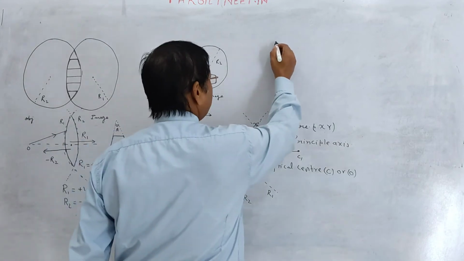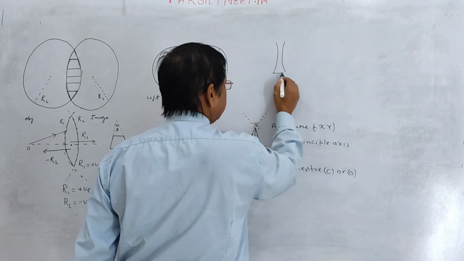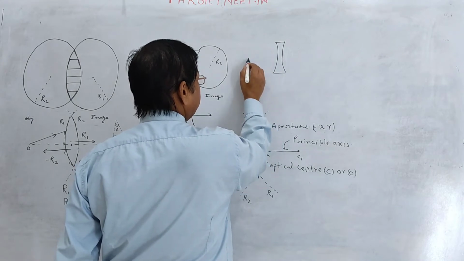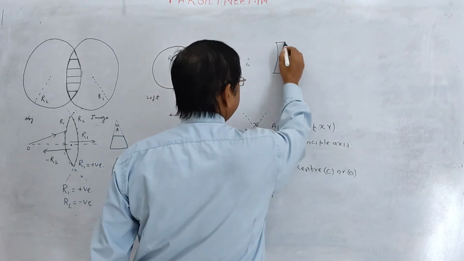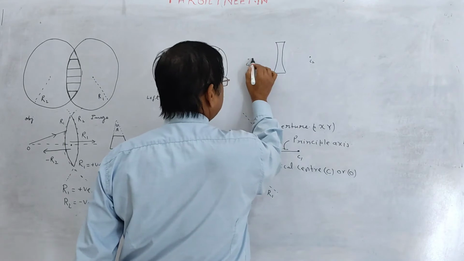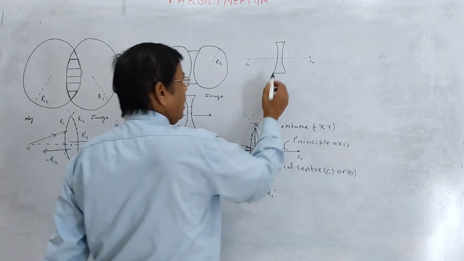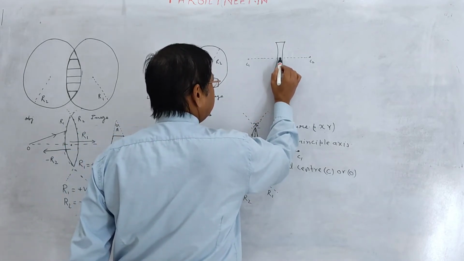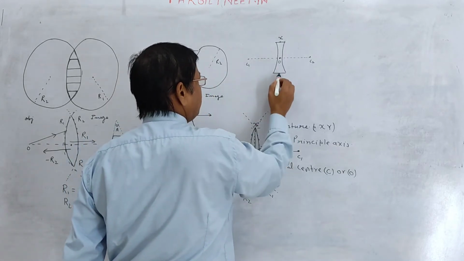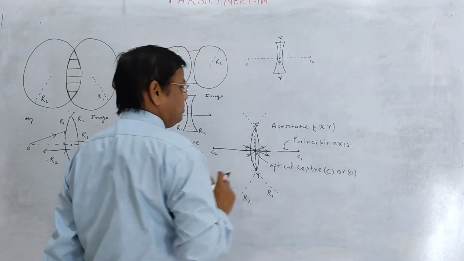Same is for a concave lens. Suppose this is a concave lens. This is the first surface, so the center of the first surface will be somewhere here. This is the second refracting surface, and its center will be somewhere here. If you connect these two centers by a line, this is called the principal axis, and the center of the lens on the principal axis is called the optical center O. And let this point be x and this point be y, and the distance between x and y is called the aperture.